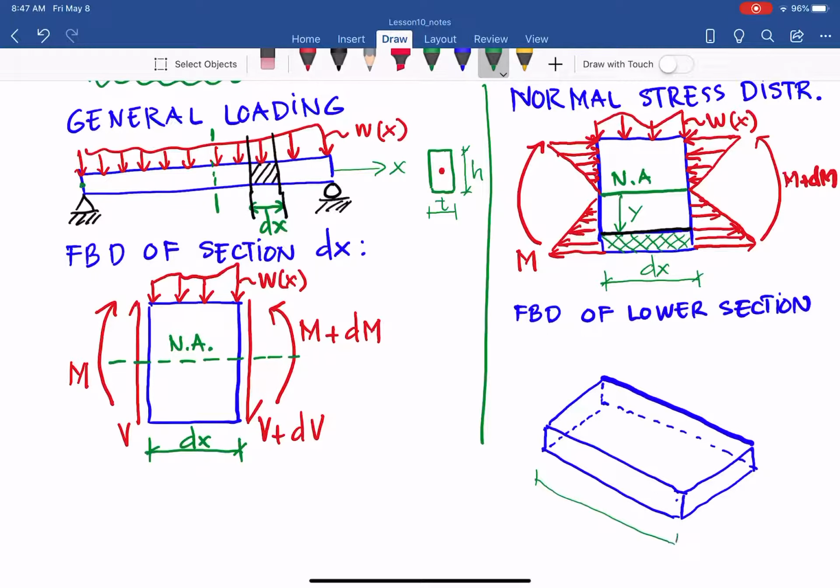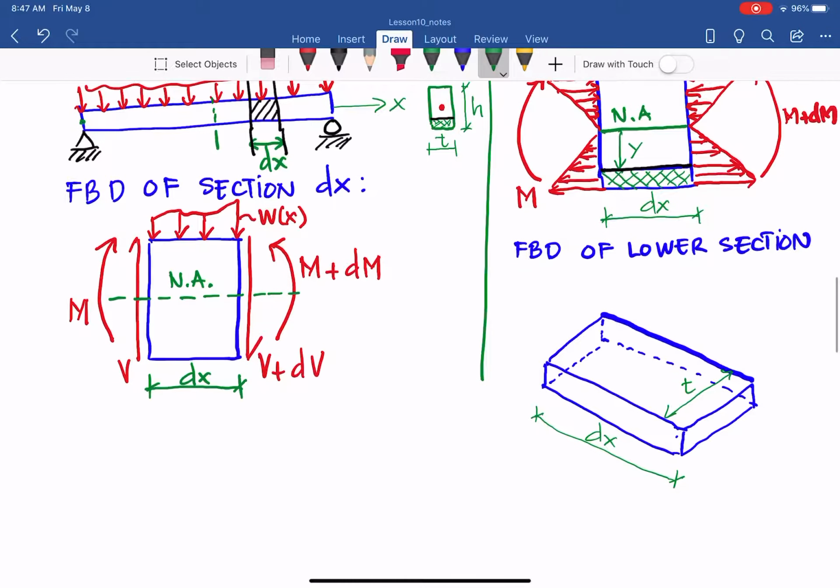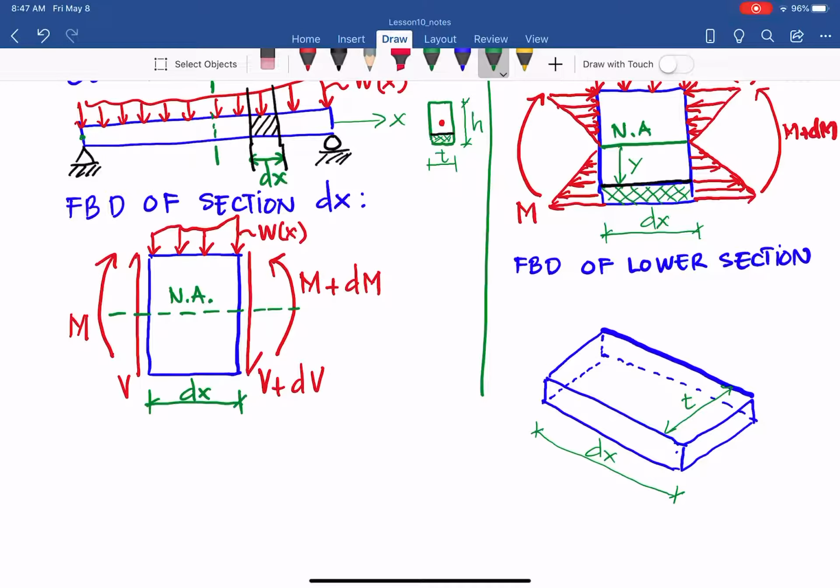It becomes the dx at this position, and we have the width, which is basically, as you can see, the portion, if we draw it down here, that is the cut that I want to consider. So look at the other side. This distance is t, the thickness of the member, from the cross section that you see there.